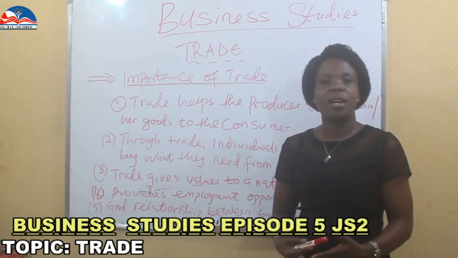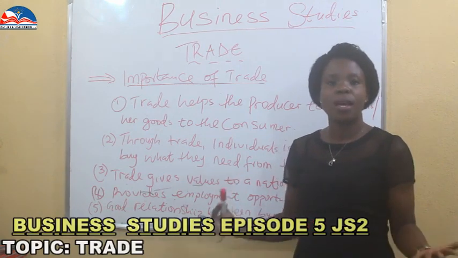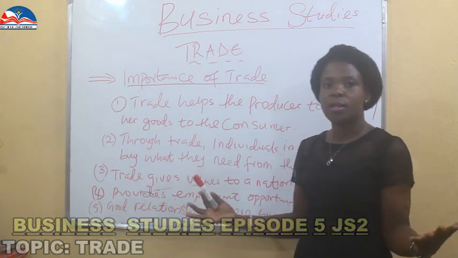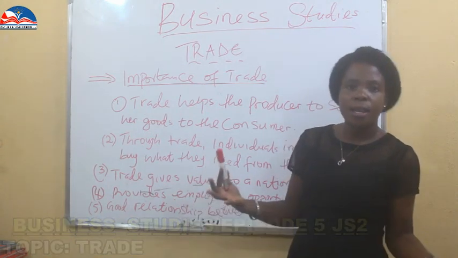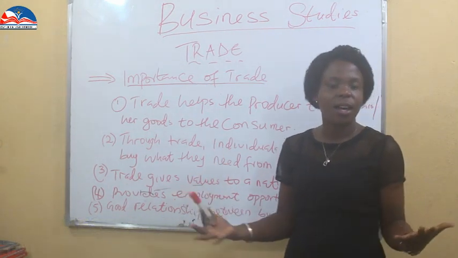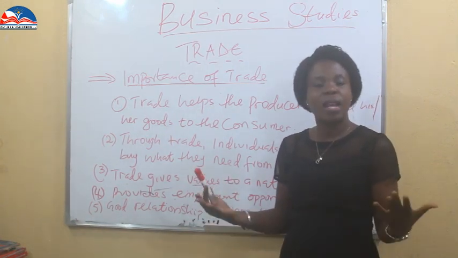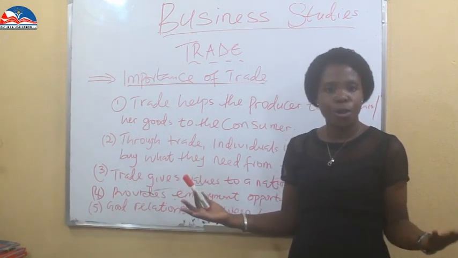They meet a variety of products out there in the market to satisfy different wants: clothing, eating, shelter, and everything that makes life easy and enjoyable for humans.